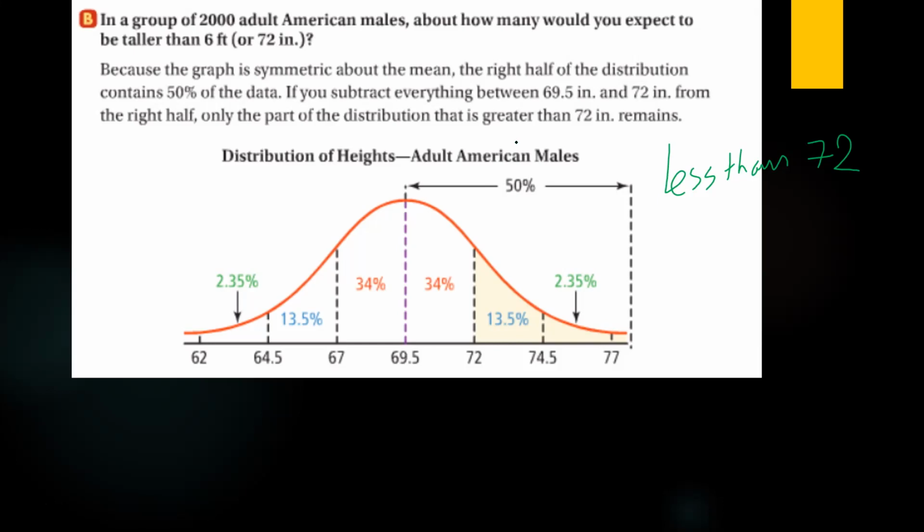I really just added the numbers below 72. Did you mean 34 plus 34 plus 13.5 plus 2.35? Yeah. I did the same. I subtracted 16 from 100.